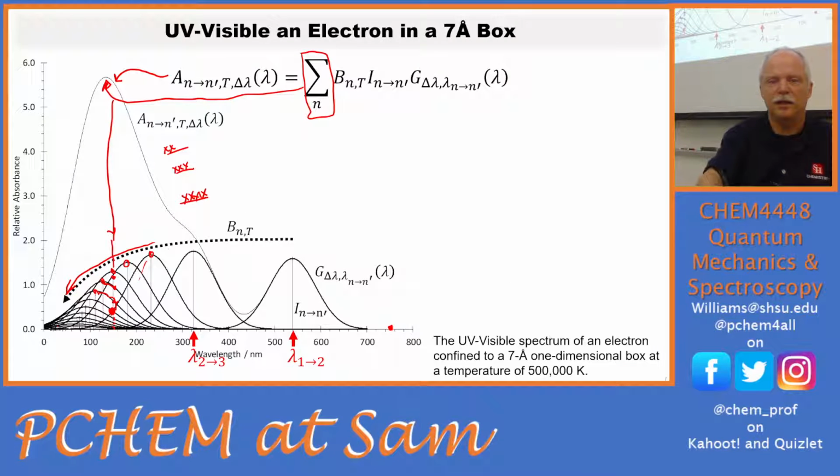Okay, and then the I piece, we're going to unpack that in a second. The I piece are all of these little vertical lines. This I piece right here is just a single value, and it's the height of the peak.